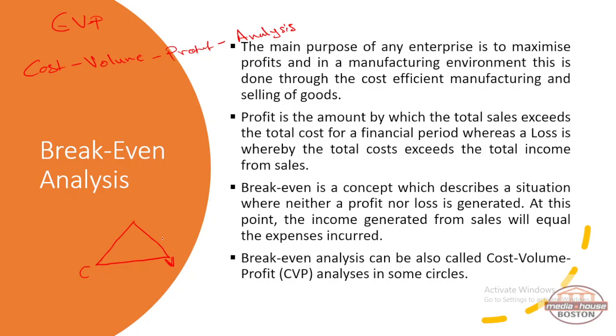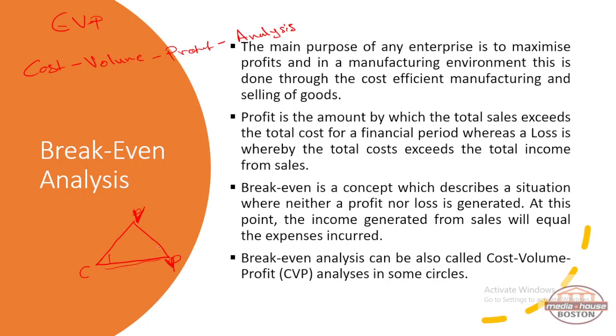And from the volume of product, this will give us what we call the profit that we are going to generate. So it's sort of like a triangular method, CVP. For us to be able to generate revenue, you can either put the V here, or in some cases you find the V placed here and then the profit here, to say that the difference or the cost that will give us profit will be the volume that has been produced.